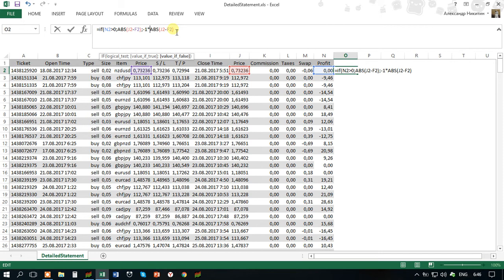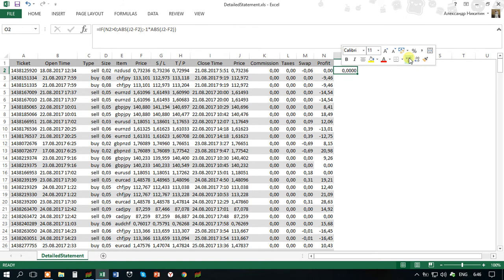That's it. If the result is more than 0, then we calculate the pips, and the number of pips should be always positive. If the result is less than 0, then we calculate the pips, and the number of pips should be always negative.